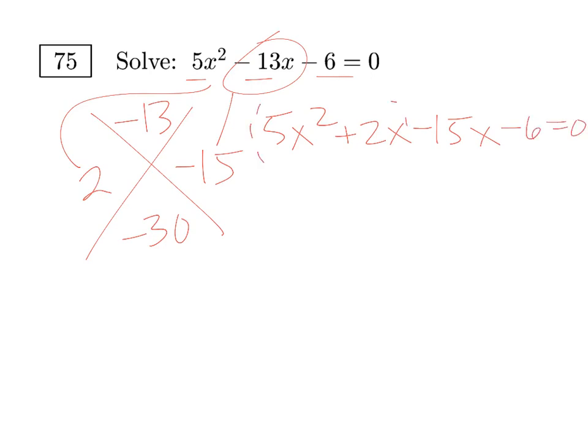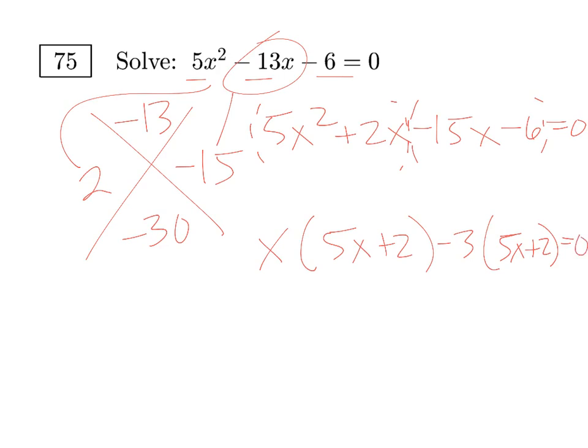So from the first group, I could factor out an x, leaving me with 5x plus 2. Now the second group, I could factor out a negative 3, leaving me with 5x plus 2, and that equals 0. Now I could factor out a 5x plus 2 from both terms, and I'm left with x minus 3 equals 0.